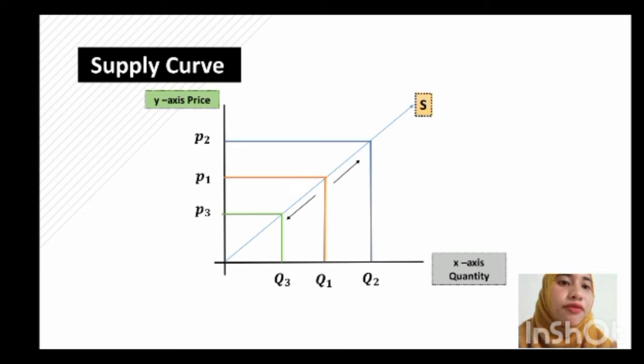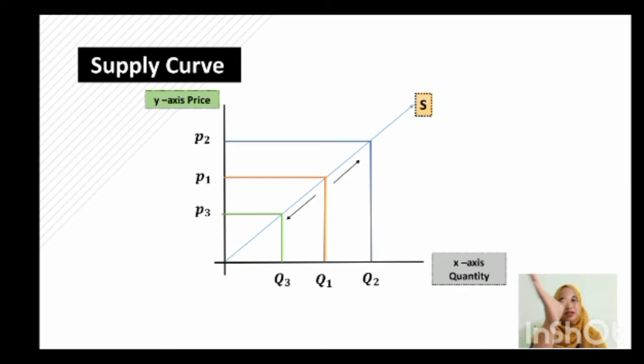If the price increases, for example, the quantity also increases, right? And when it decreases, here we have an arrow downwards, the price decreases, then the quantity also decreases.